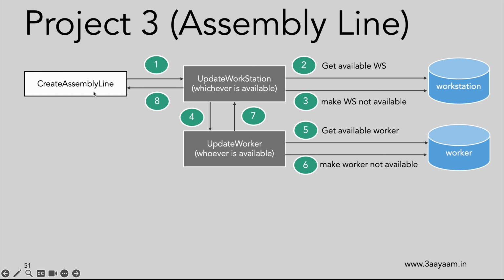And so the call to the update workstation and update worker by create assembly line is synchronous, meaning that both have to be completed for create assembly line to be complete. So if only update workstation is complete, that does not mean that the assembly line has been created. Only when the worker is associated with the workstation, then only it would be considered as complete.